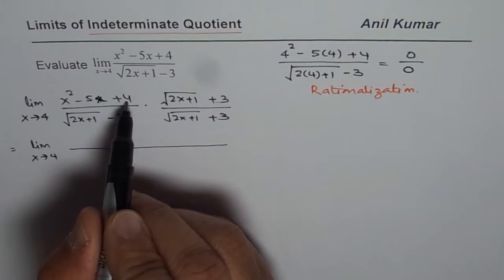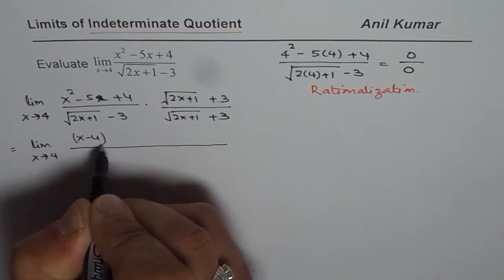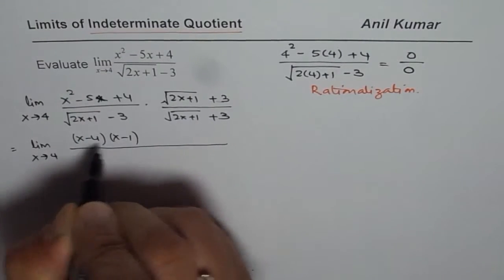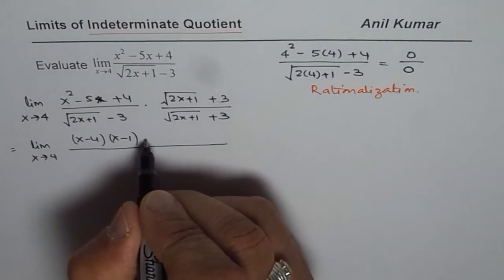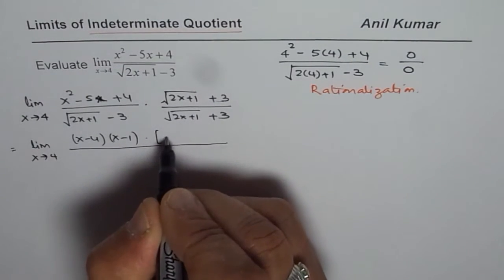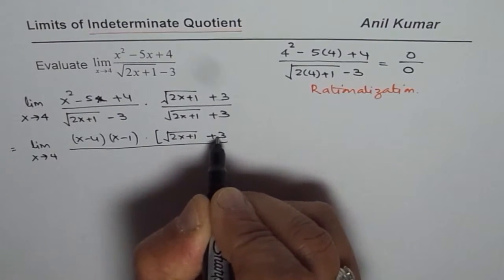So the numbers are minus 4 and minus 1, right? So you could write this as x minus 4 times x minus 1. When you expand, you will get x square minus 5x plus 4, right? Times, let me write this in brackets, square root of 2x plus 1 plus 3.